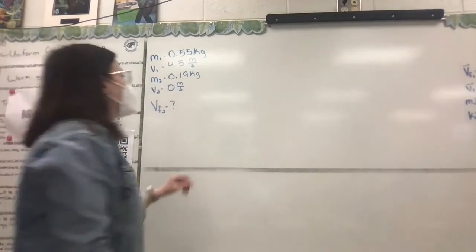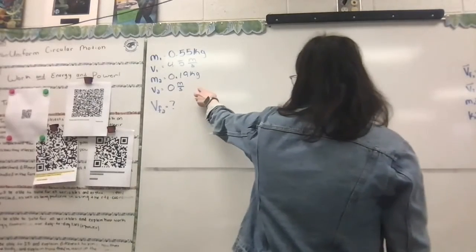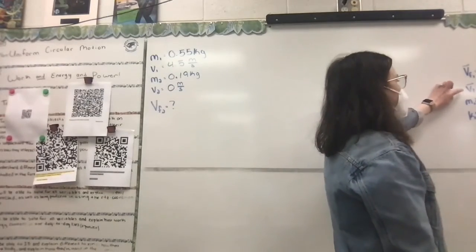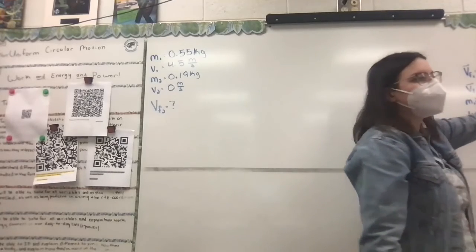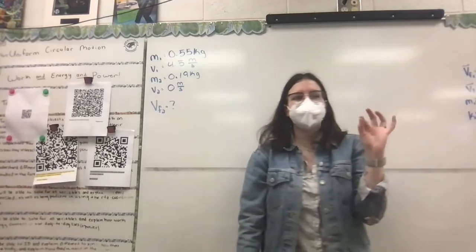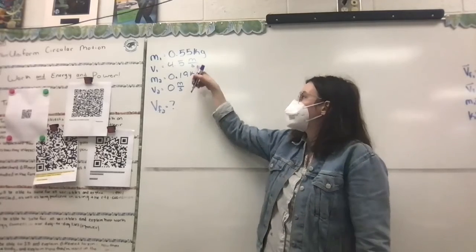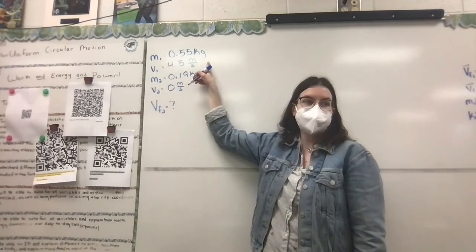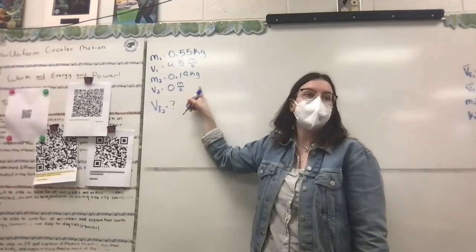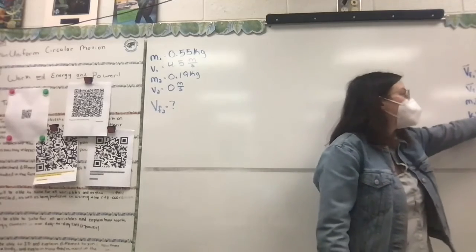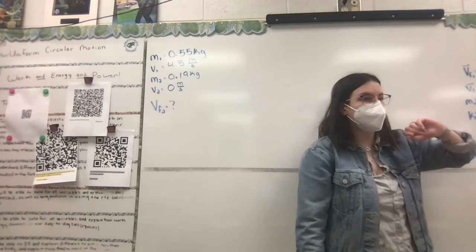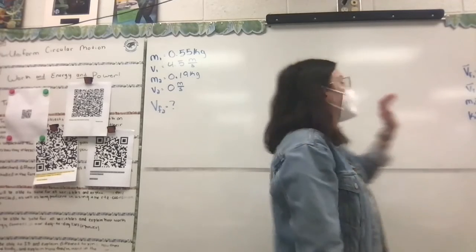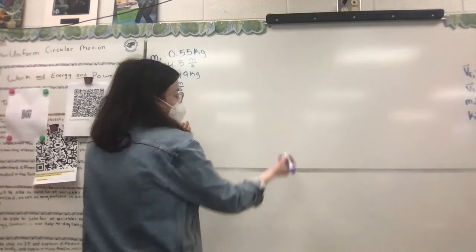Okay. This is why it matters that we put the second one as 0, because this is the equation we're going to need to use. This V naught right here is always in reference to the object that has an initial velocity. You are never going to put in 0 for this V naught. Okay? You never put in 0. You always put in the object that has a motion.